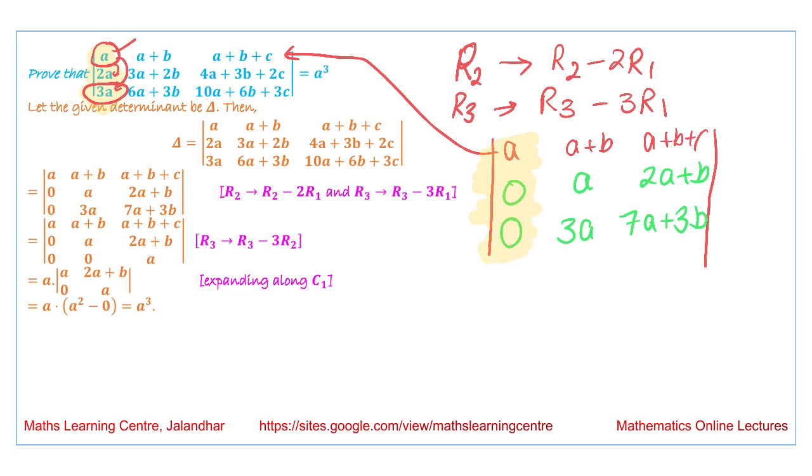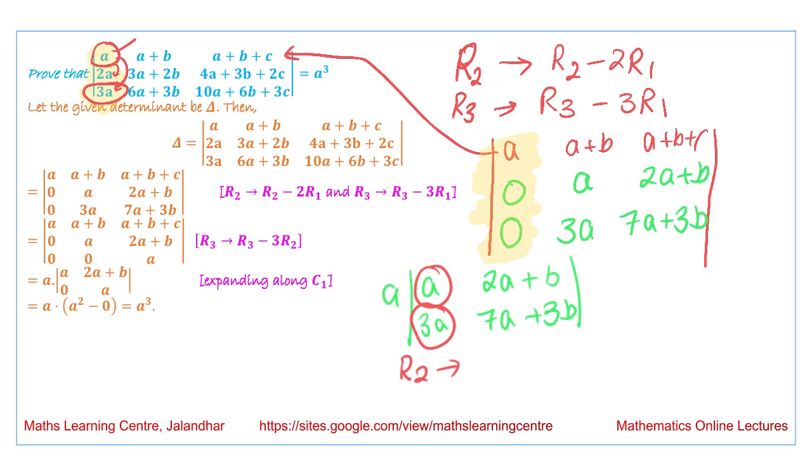The answer we obtain is a times the determinant of a, 2a plus b, then 3a, 7a plus 3b. Now this is a and this is 3a, so we perform the operation row 2 approaches row 2 minus 3 times row 1. So this will be equal to a times: the first row is the same, 2a plus b.